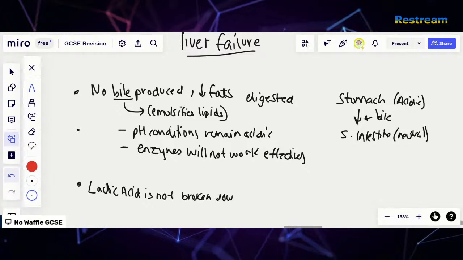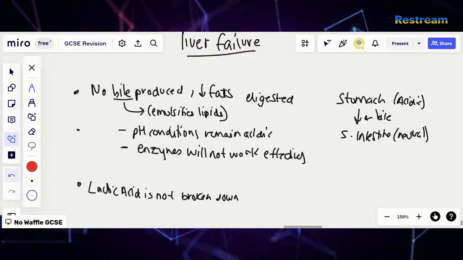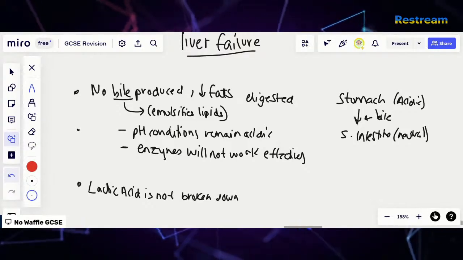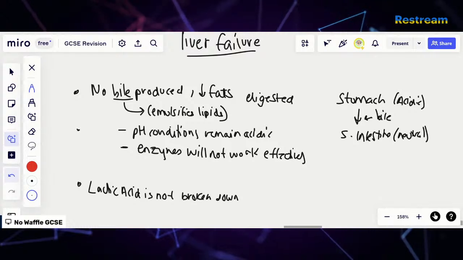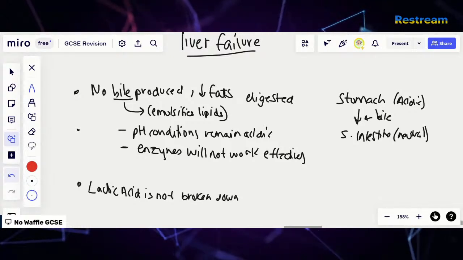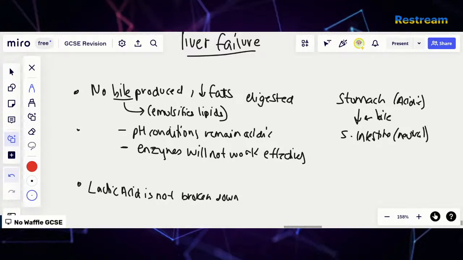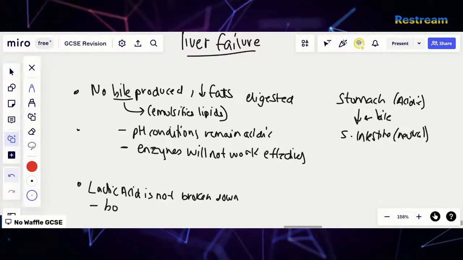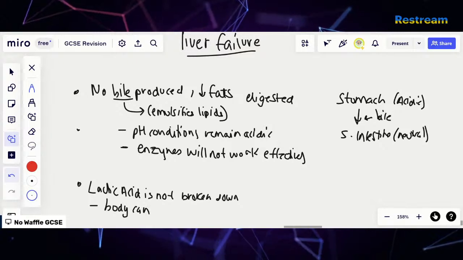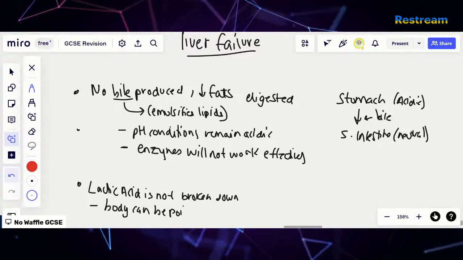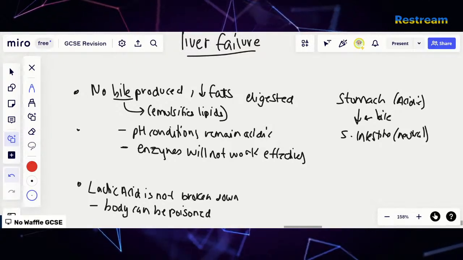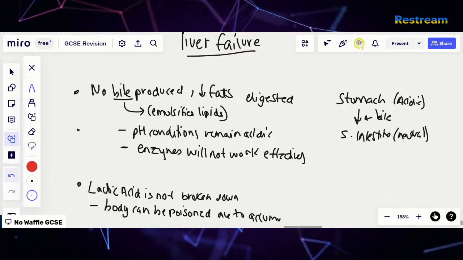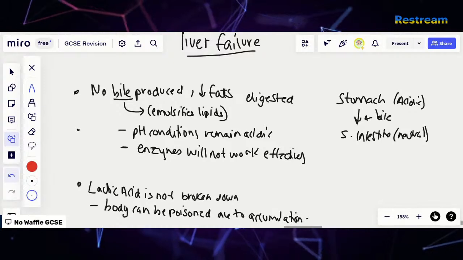And what happens if the lactic acid is not broken down is that the accumulation of lots of lactic acid is toxic and the body can be poisoned, due to the accumulation of lactic acid.